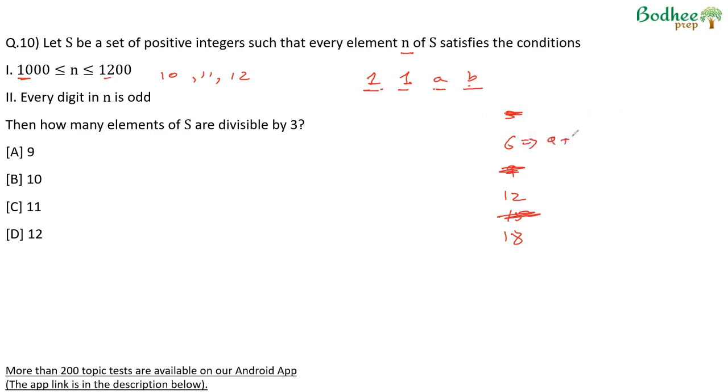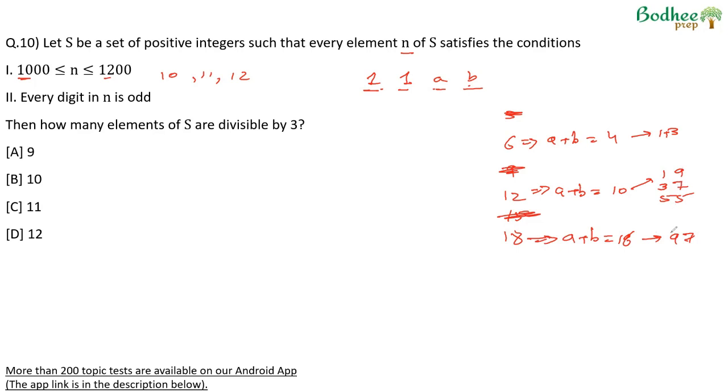In this case, A plus B has to be equal to 6 minus 2, 4. This can only happen with 1 and 3. For 12, A plus B has to be equal to 10. This can only happen for odd numbers with 1 and 9; 2 and 8 will not work; 3 and 7; 5 and 5. For 18, A plus B has to be equal to 16, which can happen only with 9 and 7.